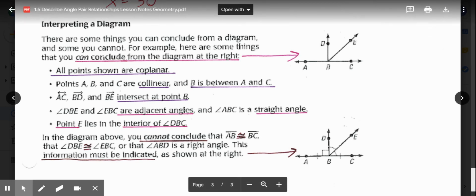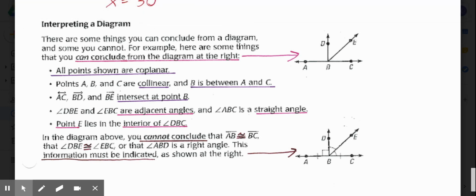So first, looking at this diagram, the way it's drawn, we can just automatically assume those points are coplanar because they didn't draw any other planes, they didn't write any other notes, so we assume they're coplanar. We can also conclude that points A, B, and C are collinear because they're drawn to be on the same line.